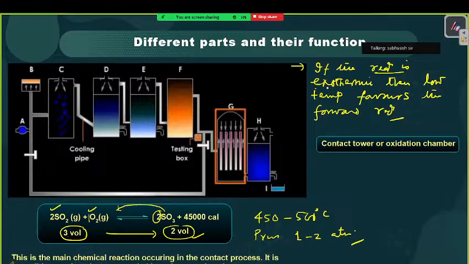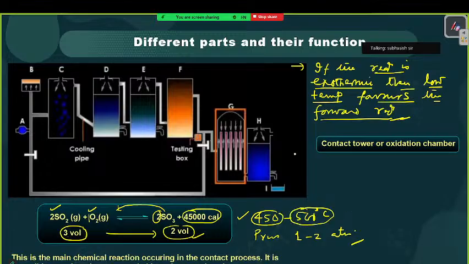Like this exothermic reaction, sulfur dioxide plus oxygen gives sulfur trioxide, this reaction should actually happen at a low temperature. But here we use 450 to 500 degrees Celsius, which is quite a high temperature.